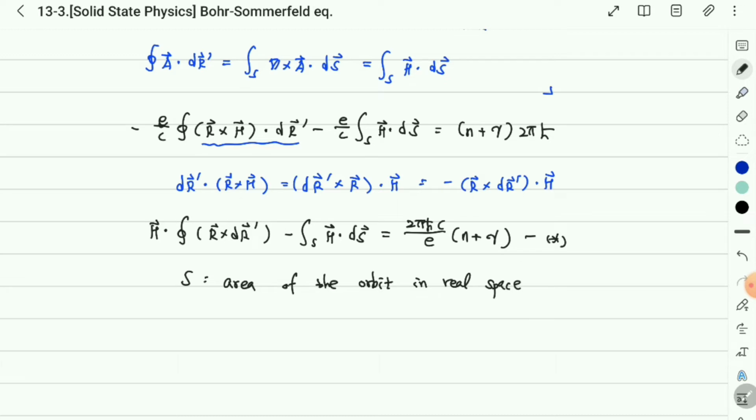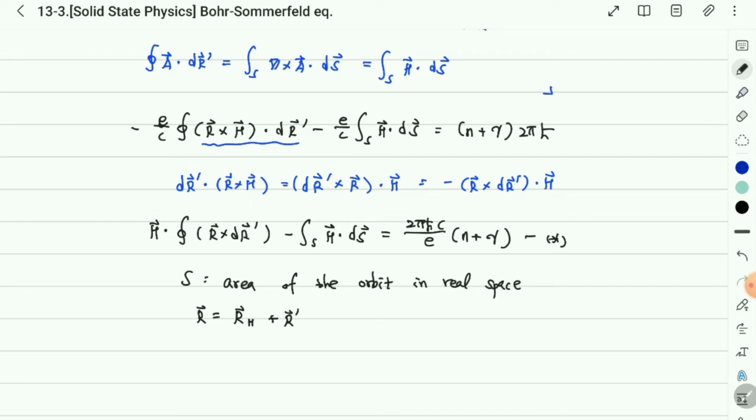Here, if we write down, R has two components. One is the R component along the magnetic field direction. The magnetic field direction is the h direction, and therefore the R vector can be decomposed into the parallel component along the magnetic field direction and a perpendicular component R prime.